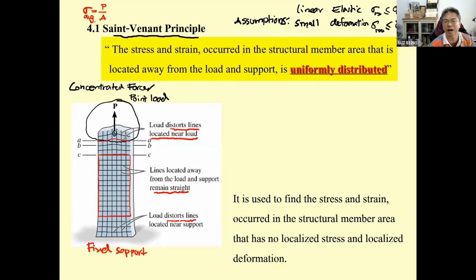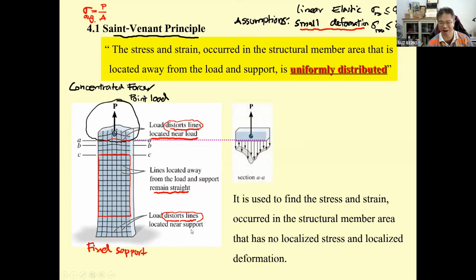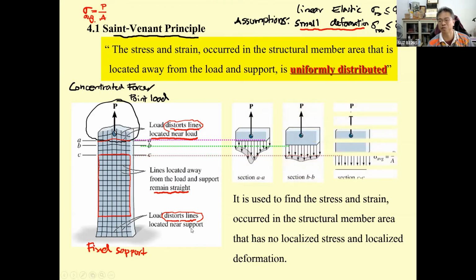But due to the small deformation, the distorted region over here and over here will be very small. So in general, we may assume that the stress we consider will be in this manner. Okay, we just neglect the complicated stresses occurring at the loading point and at the support.